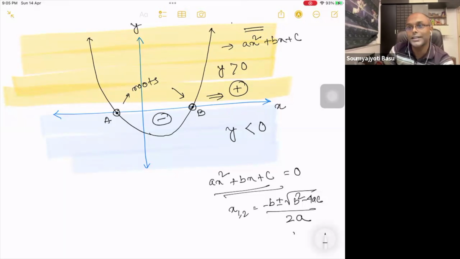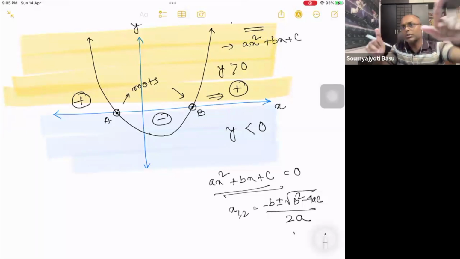The value of the function is negative. After that, again positive. So around the roots, there is a change in sign of the function. The function changes from positive to negative, and again from negative to positive. So the roots are critical.